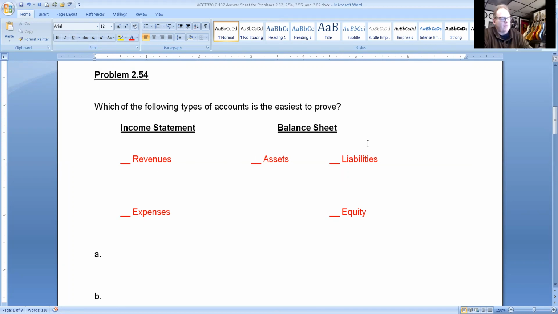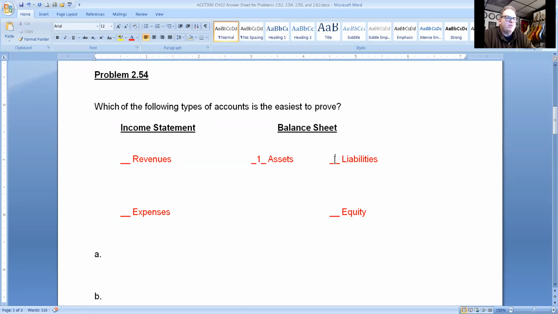Yeah, assets are probably the easiest to prove because buildings are assets, and you can at least prove they exist, right? Here's the building. You have inventory, which is an asset. Cash is an asset, and you have bank statements. Assets are the easiest to prove, so that's usually where auditing starts, with the assets.